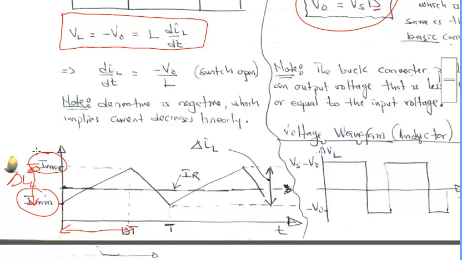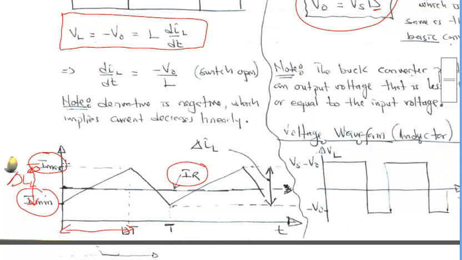And then how do we also find I average? Here I have I_R, and we are going to see very shortly that the average inductor current is going to be the same as the average current. So when we find our average inductor current, that is going to help us with the expression of the change in IL, either for when the switch is closed or open, to find the I minimum or the I maximum.